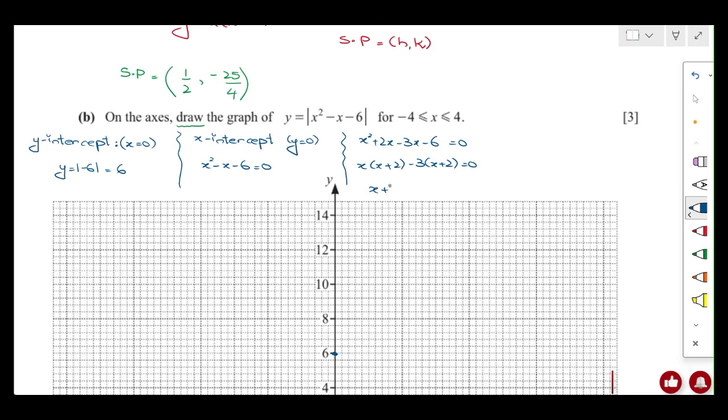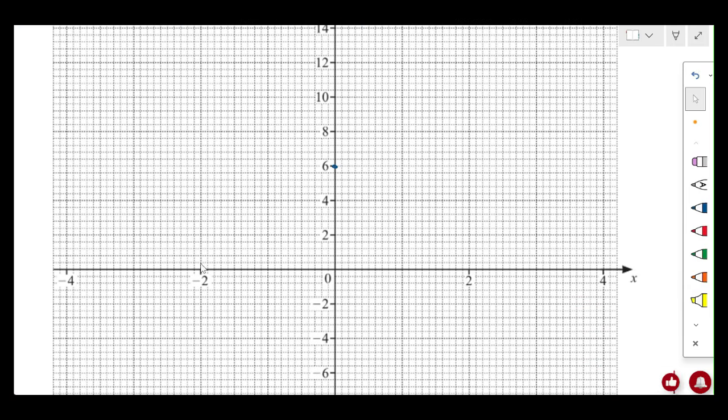The two factors are x plus 2 and x minus 3 equals 0, and the x-intercepts are x equals -2 and x equals +3, right? So x is negative 2 over here and x is positive 3 over here. These are the x-intercepts. This is the y-intercept.